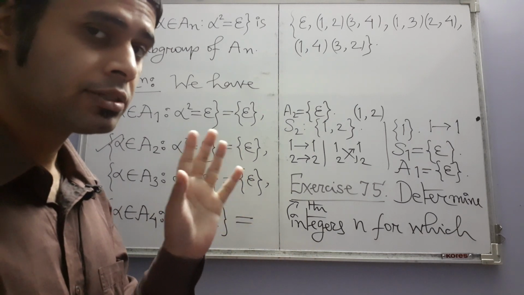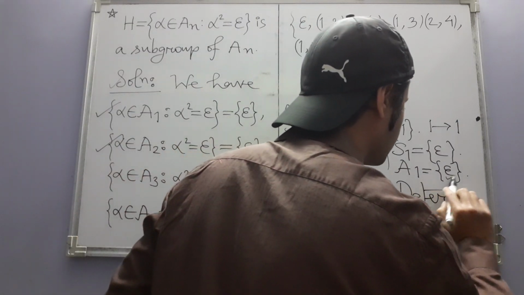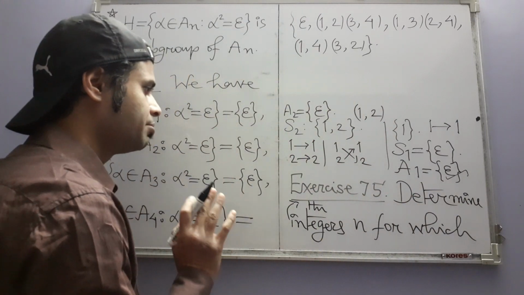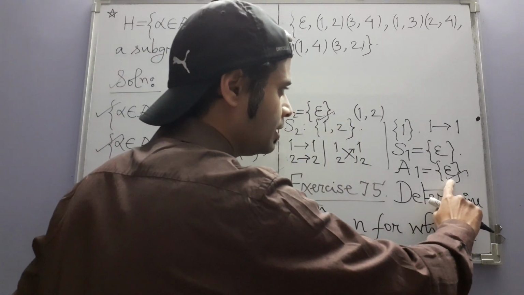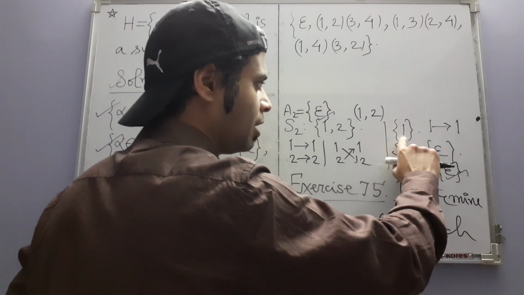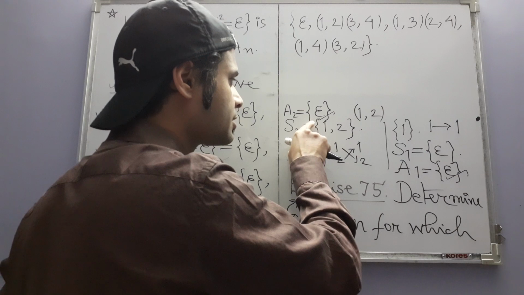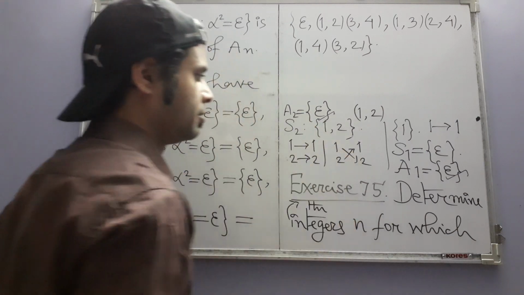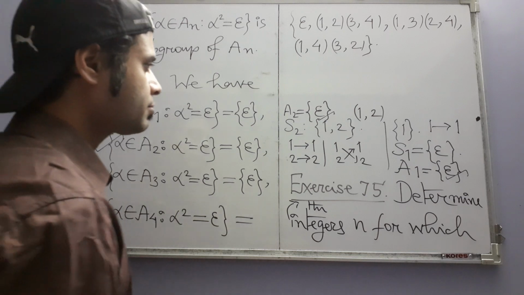Well, actually strictly speaking not the same thing, because this epsilon strictly speaking is not equal to this epsilon. This epsilon is a mapping whose domain is this singleton set {1}, and there it's the identity mapping. This epsilon is the identity mapping on this set. However, still they are similar.